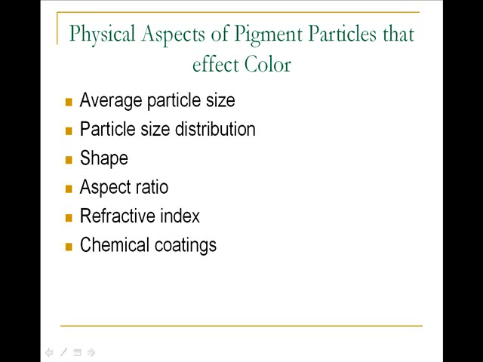Another important physical aspect is its refractive index, how fast light passes through it, and then any kind of chemical coating that the pigment suppliers put on the surface of the pigment particle. That can change its chemical reactivity, how easily it is dispersed, and many other physical properties.